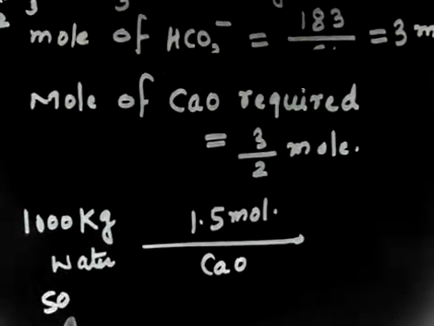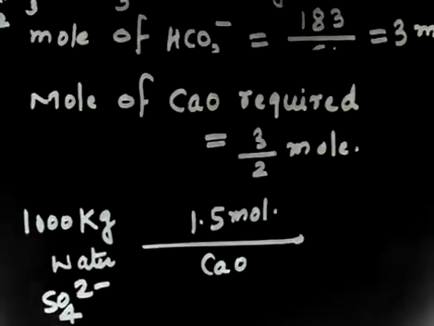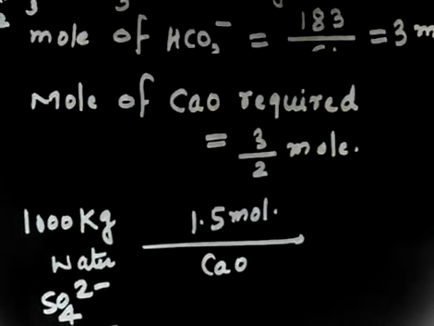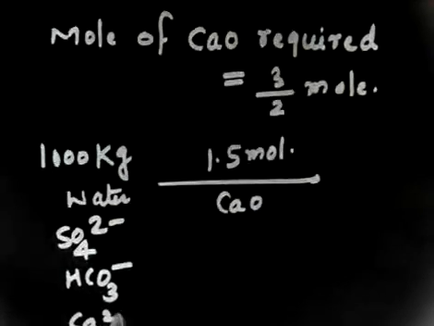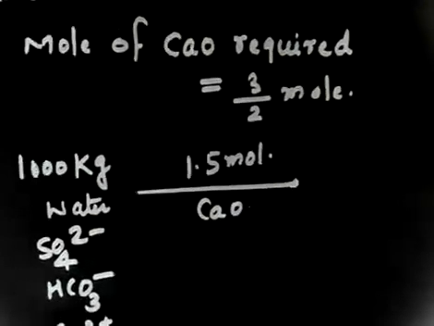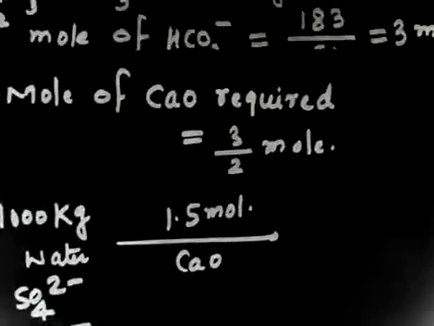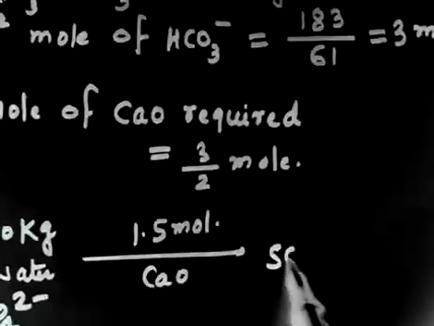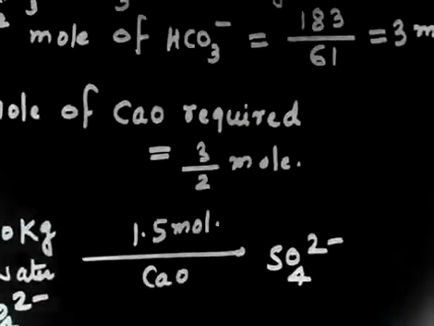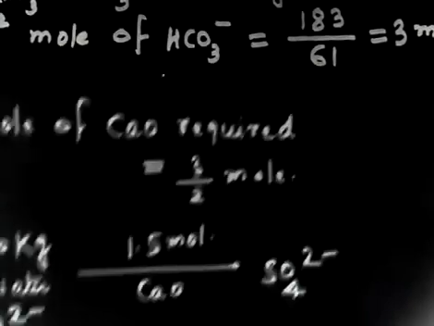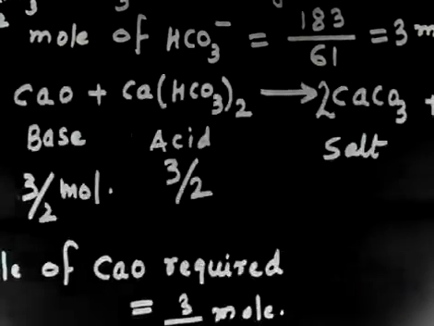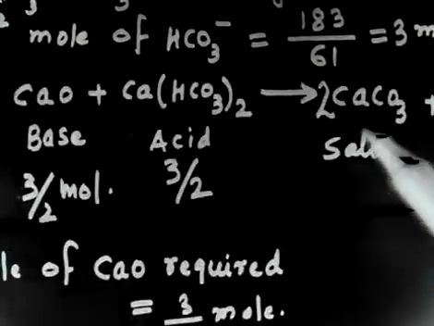I have two kinds of hardness, sulfate hardness and bicarbonate hardness, and you have Ca2 plus. So what had happened? After this what you have? You will have SO4 2 minus, and HCO3 is gone, but you have formed CaCO3. Are you getting or not?